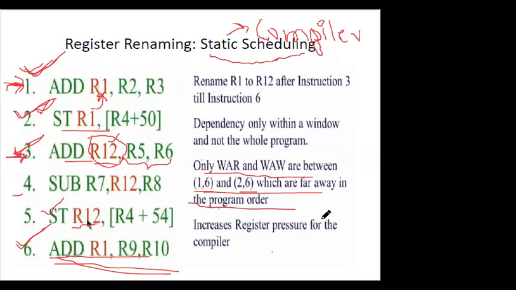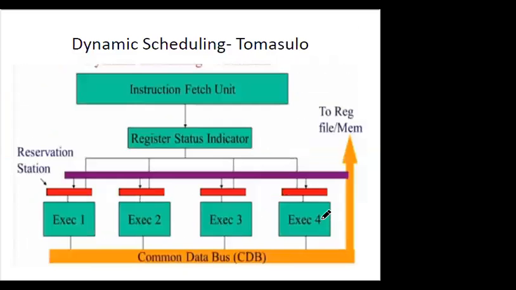The next one is the dynamic scheduling, which is also known as Tomasulo's algorithm or process. So let us see how this is being done. Suppose this is an instruction fetch unit which fetches the instructions from the program, because there is a five stage process of pipelining in the instruction set.